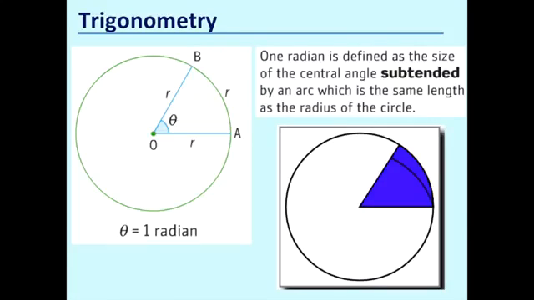And we can see a representation of that here. So we have the situation in which the length here is equal to the radius. So when this angle is subtended by an arc equal in length to the radius, we have here 1 radian.